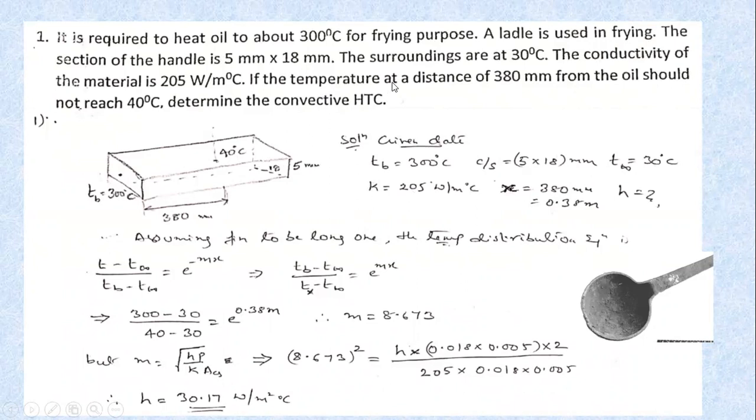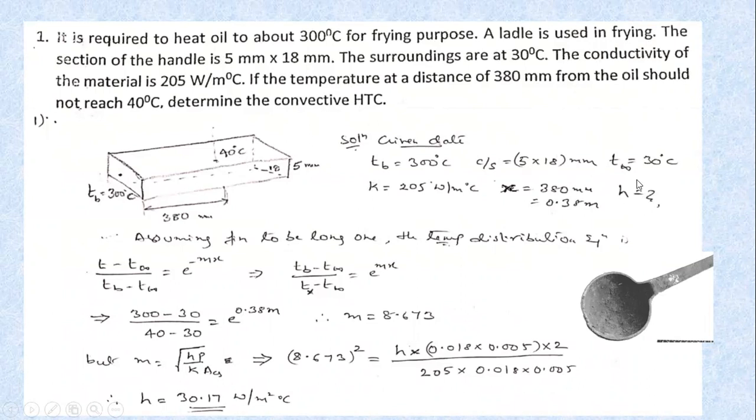If the temperature at a distance of 380 mm from the oil should not reach 40 degrees centigrade, that means if this is the base, from here I am taking 380 mm distance along the fin. At this distance, if the temperature specified is 40 degrees, determine the convective heat transfer coefficient.